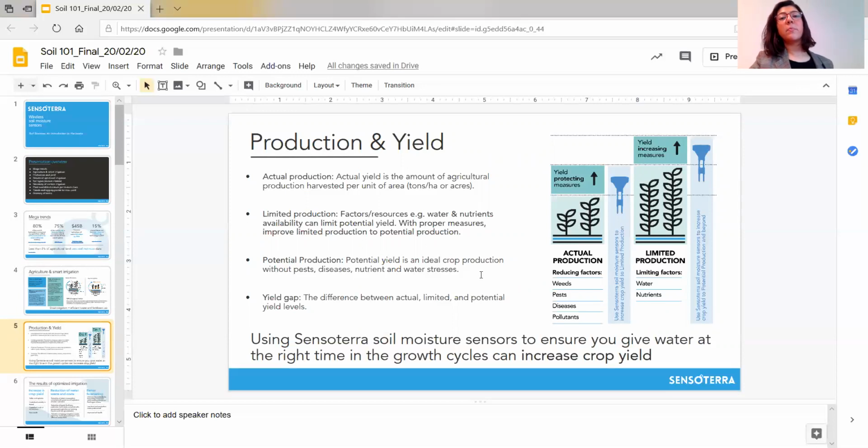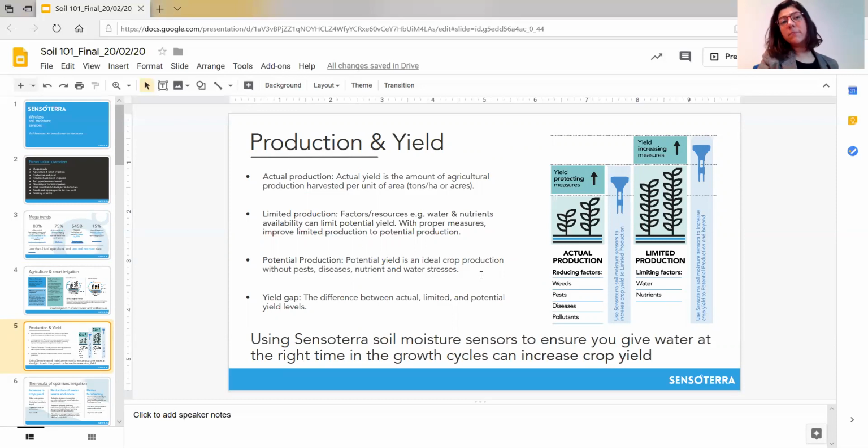So with proper measures, there is a possibility to improve limited production and extend it to potential production. And what is the potential production? It is the potential yield. So in an ideal scenario, there is a crop environment without pests, diseases, full of nutrients and full of water, enough water to be provided for plant health.